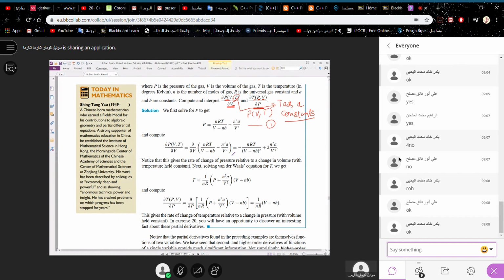Right or wrong? So del P upon del V equals nRT del upon del V of (V minus nb) to the power minus 1 minus n square a del upon del V of V to the power minus 2.